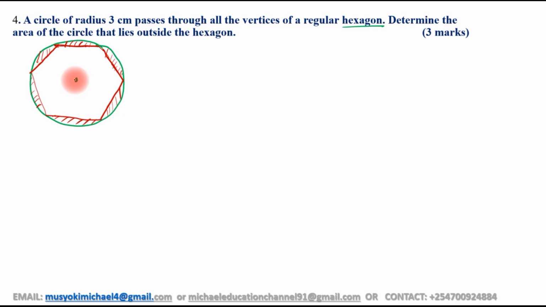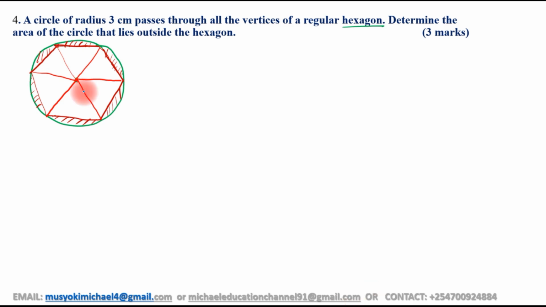Therefore, from the center of the circle, I can draw lines and subdivide the hexagon into triangles, and it has 6 parts.